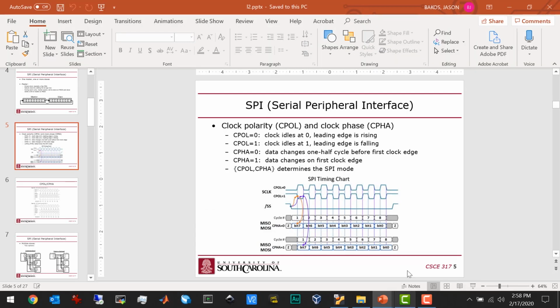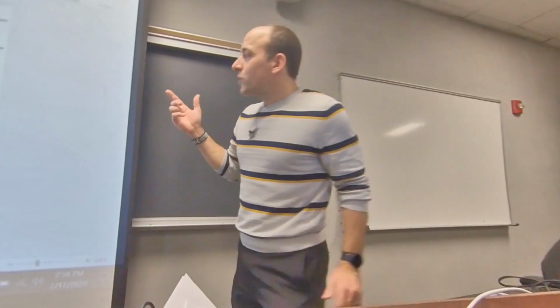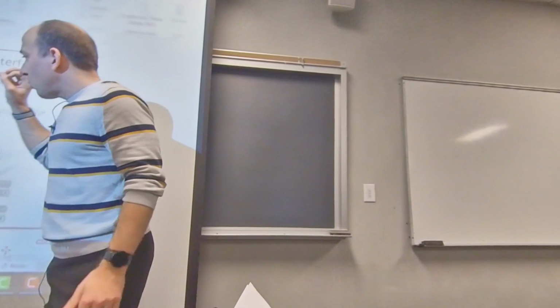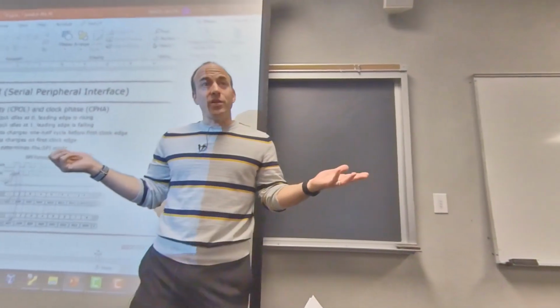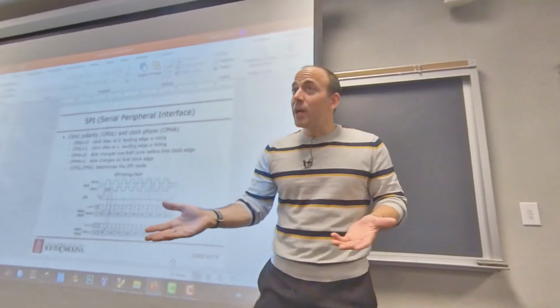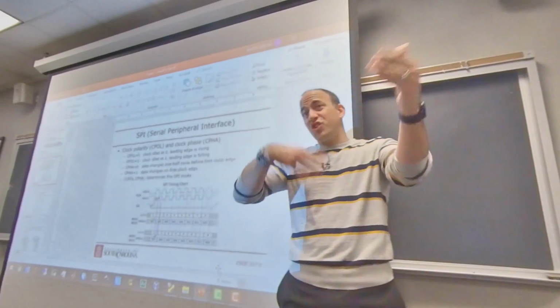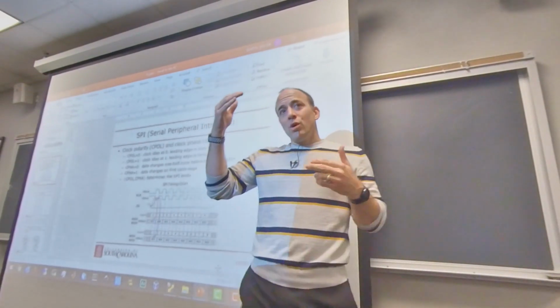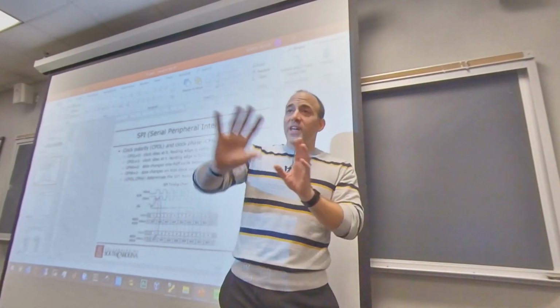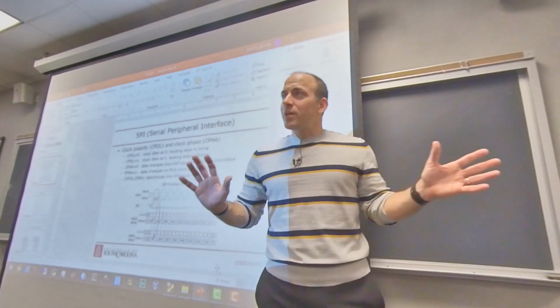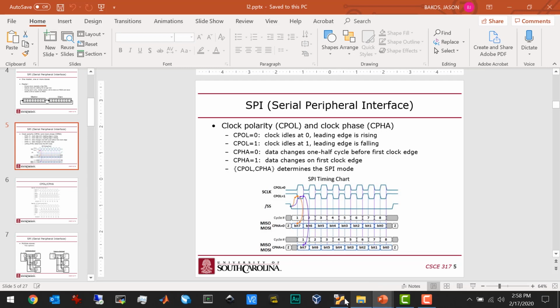So also, by the way, we need to be able to keep track of what we're sending, right? The data that we're sending out. And remember, SPI is an exchange. So we need to keep track of what we're sending out, but also what we're bringing in, right? So we can have global variables for those as well.